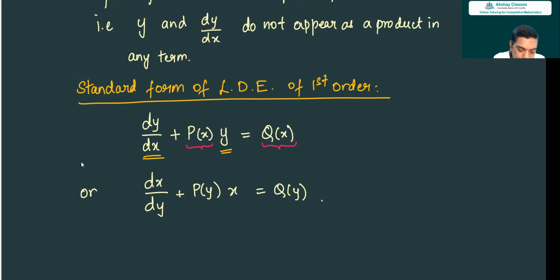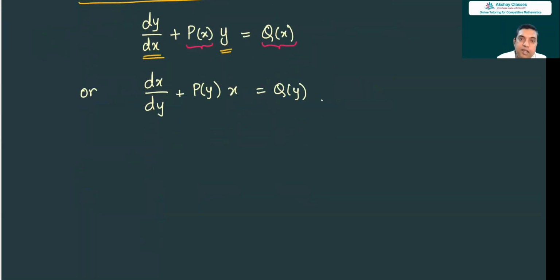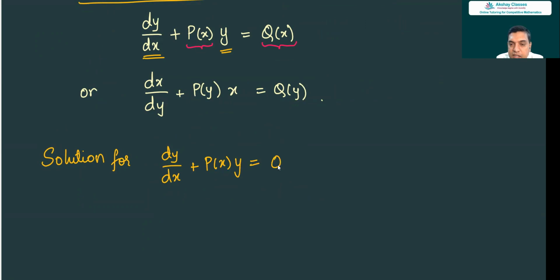Now there is a full solution procedure. Okay, I'll explain how do we get this. dy by dx plus p of x times y is equal to q of x.